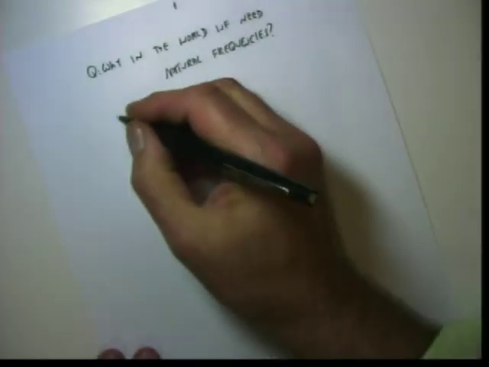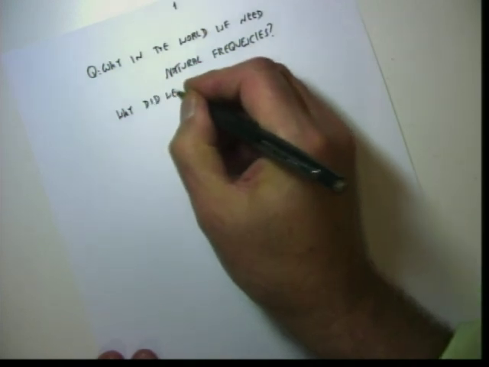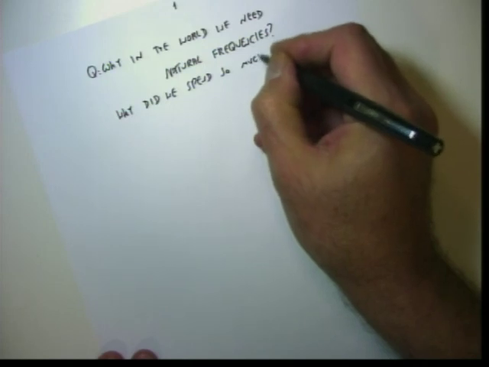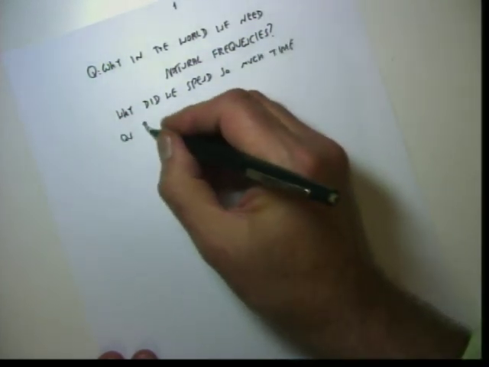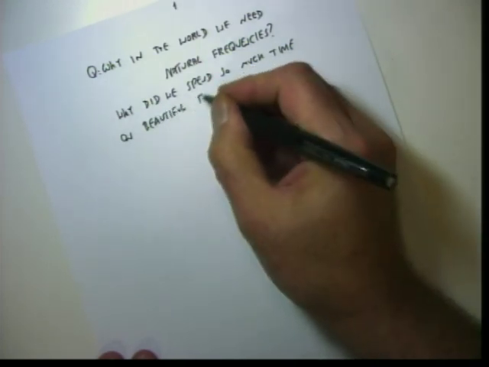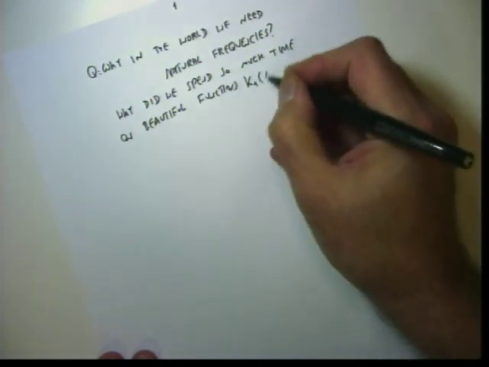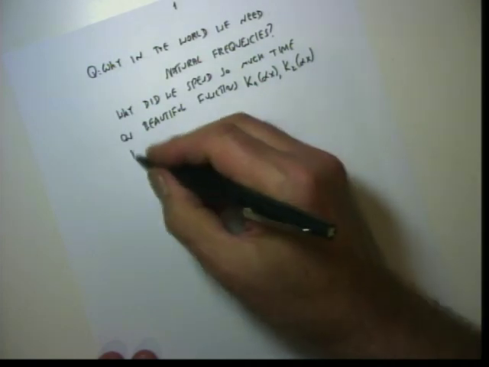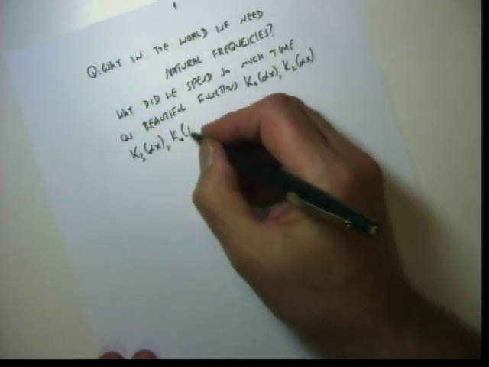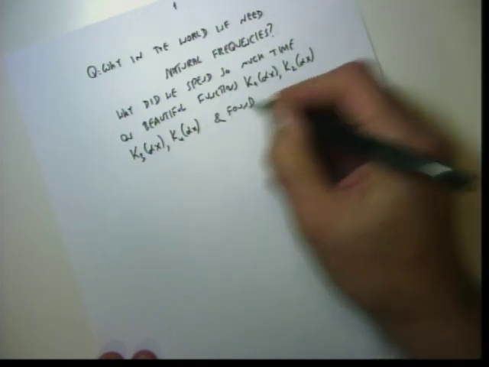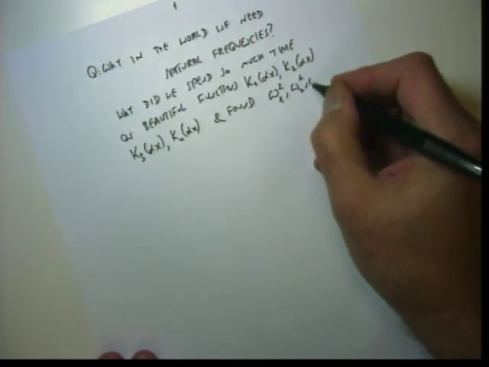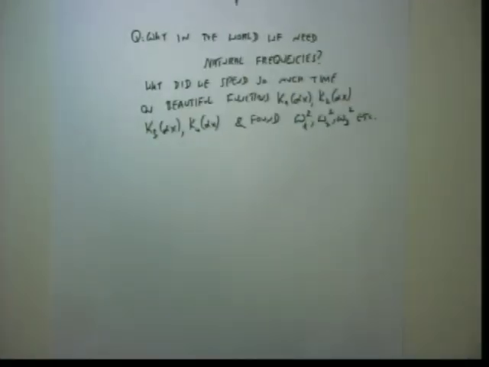Why did we spend so much time on beautiful functions K1 alpha x, K2 alpha x, K3 alpha x, K4 alpha x, and found omega 1 square, omega 2 square, omega 3 square, etc.? I actually could have postponed the answer to this question, but I would like to answer now, and later we will deal with more determination of frequency in the course.